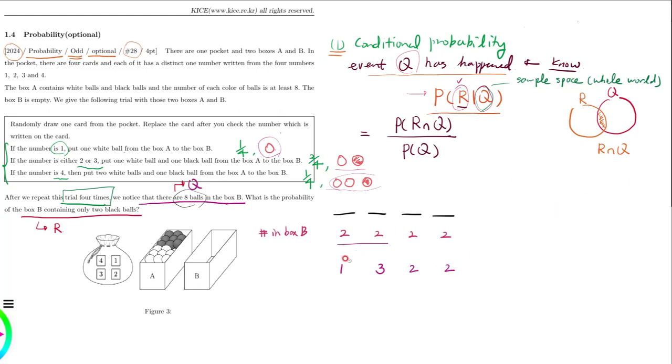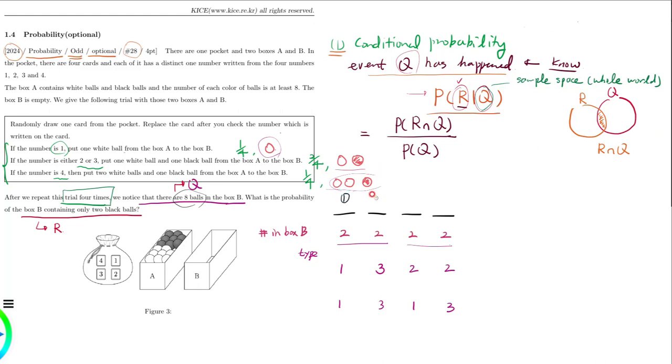Or maybe we have just 1, 3, 1, 3, and this type of trial result. They all satisfy that the box B should have 8 balls.